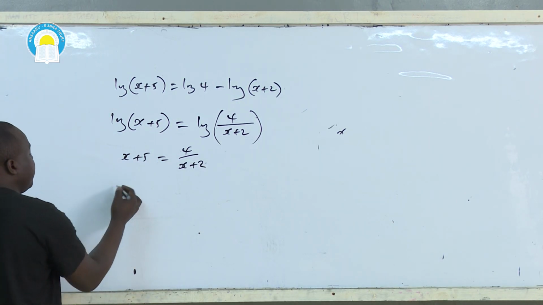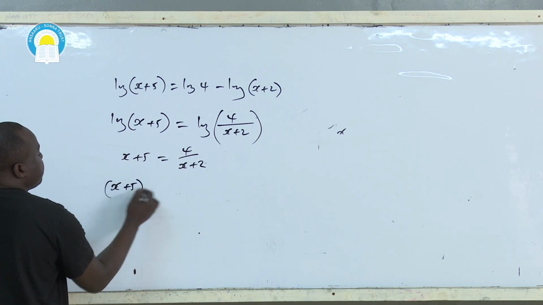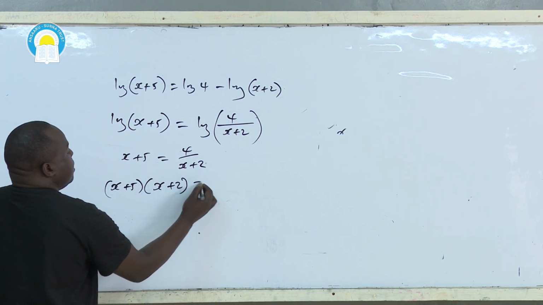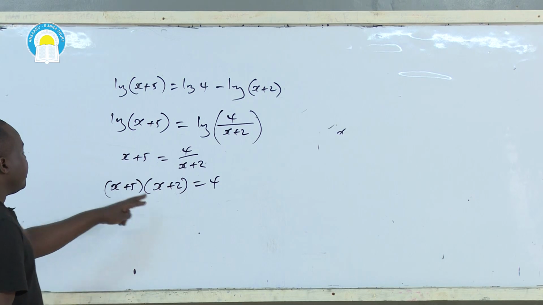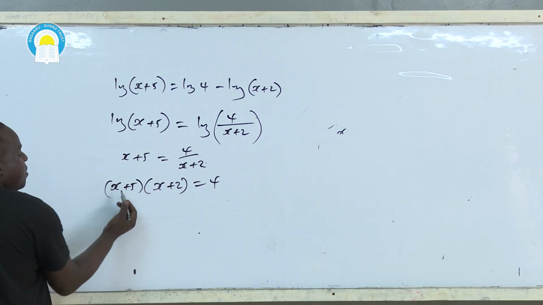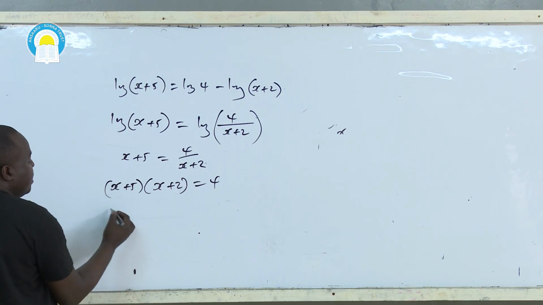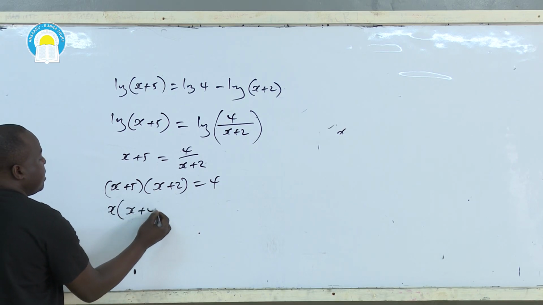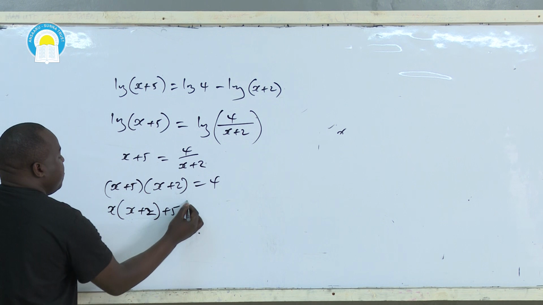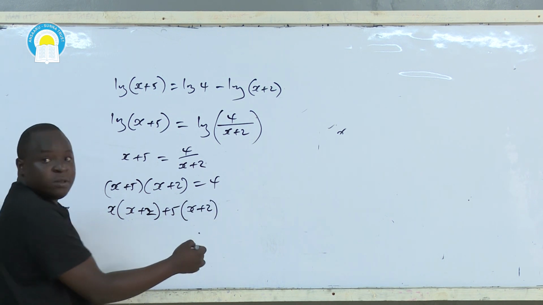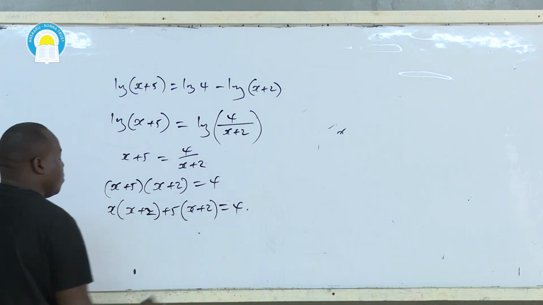Now, if you cross multiply, you'll have (x + 5)(x + 2) equals 4. It ends up being quadratic, because I have two terms, and when multiplied, it will be quadratic anyway. So it's x into (x + 2) plus 5 into (x + 2) equals 4.